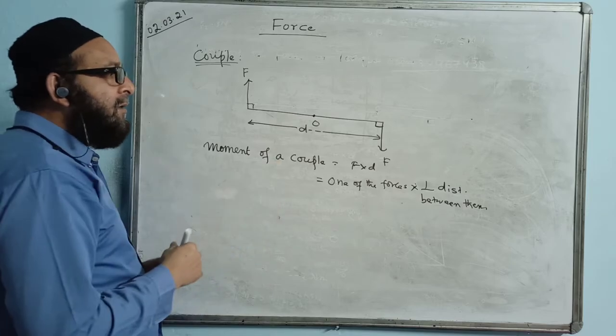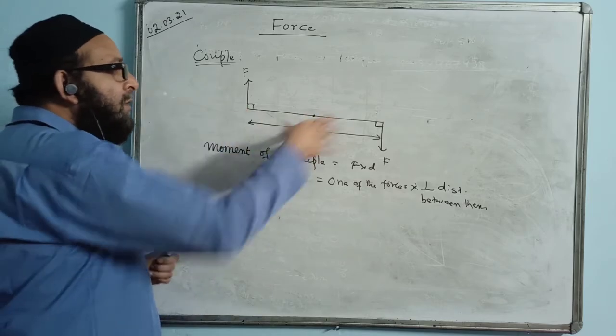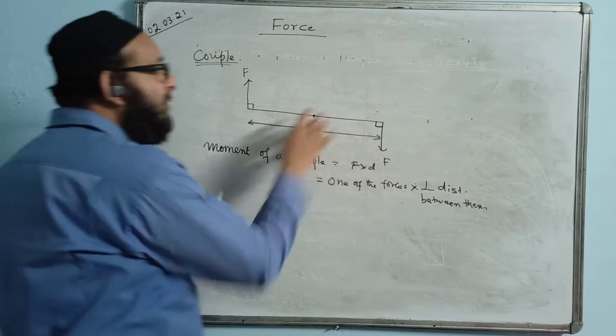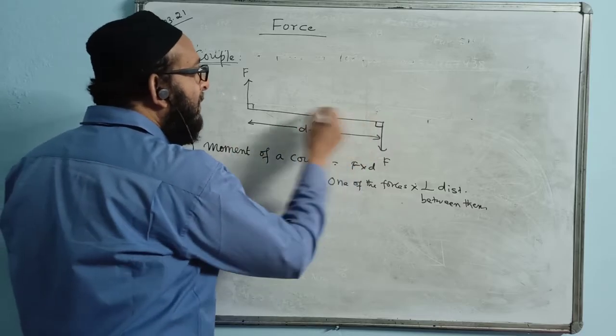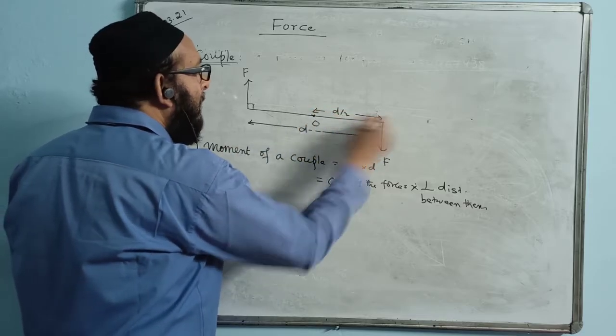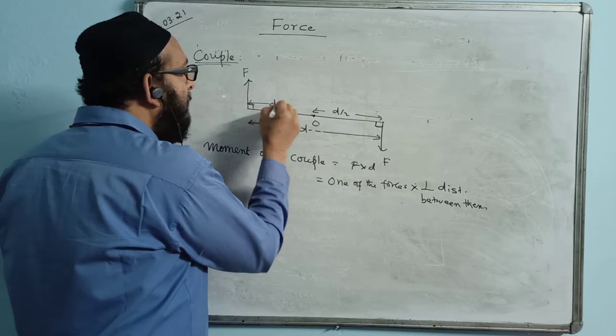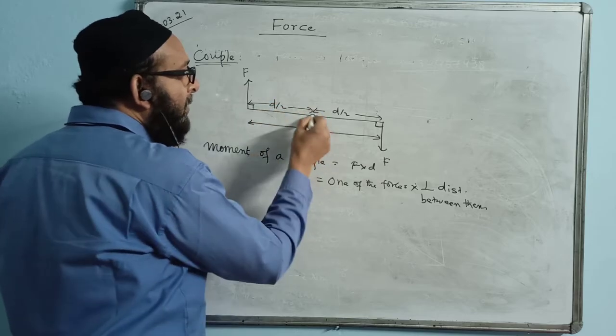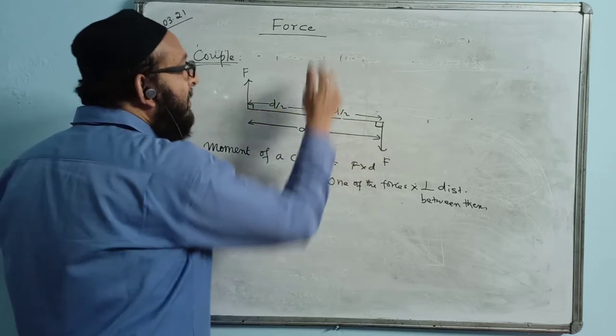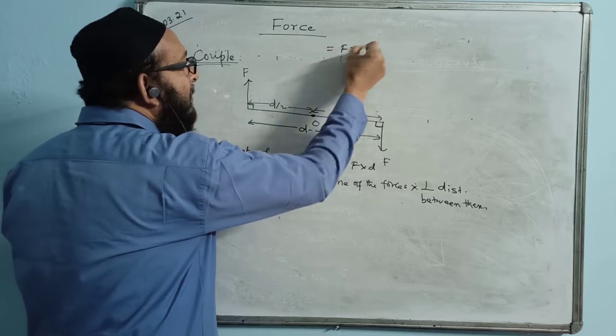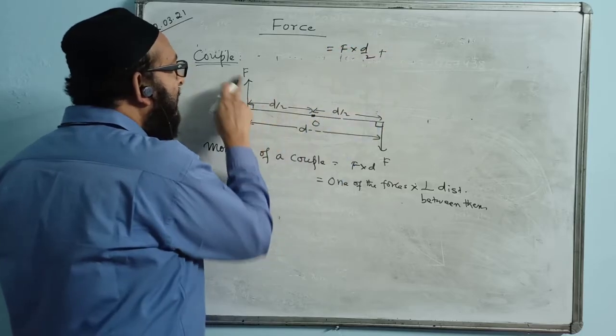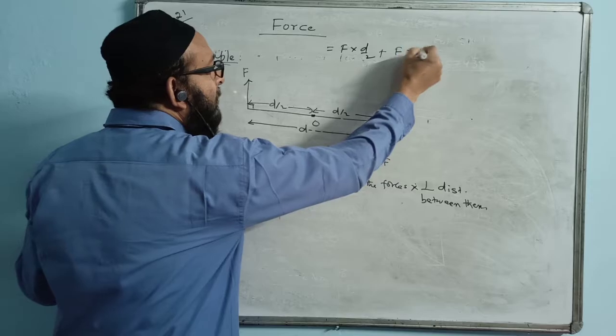Why is it like this? Why do we take only one of the forces and the total distance? If you take both the forces, then the distance from the point O to each force will be d by 2 on this side and d by 2 on the other side. The moment about the point O will be F into d by 2 plus F into d by 2.